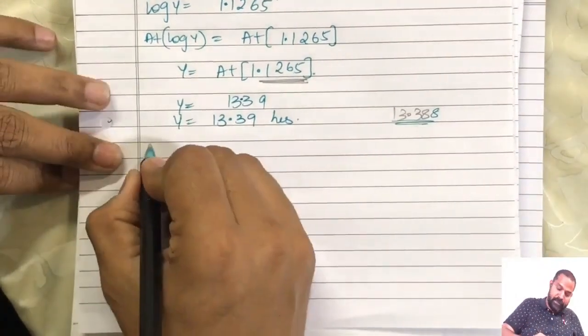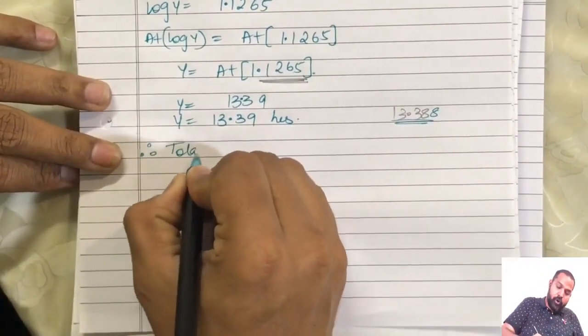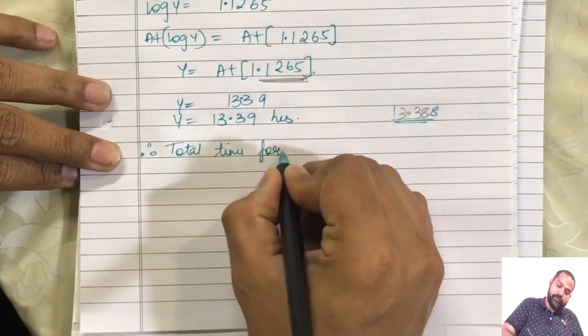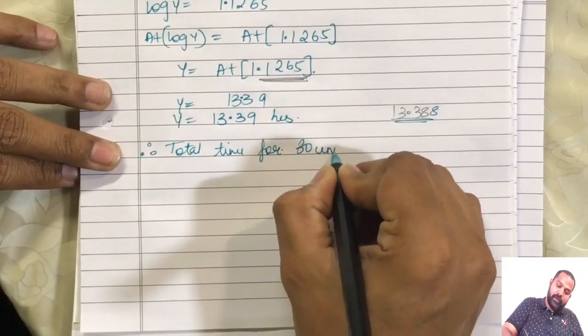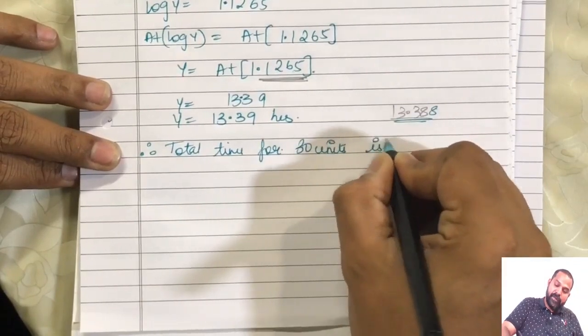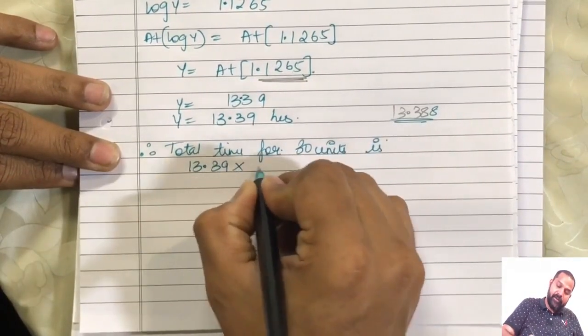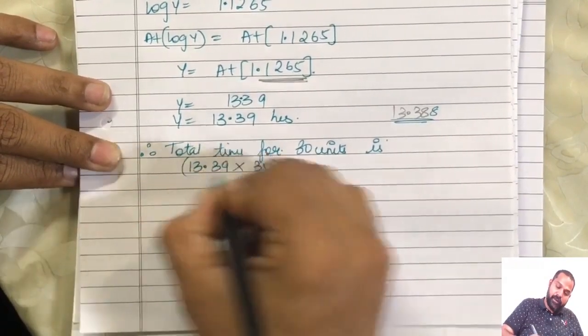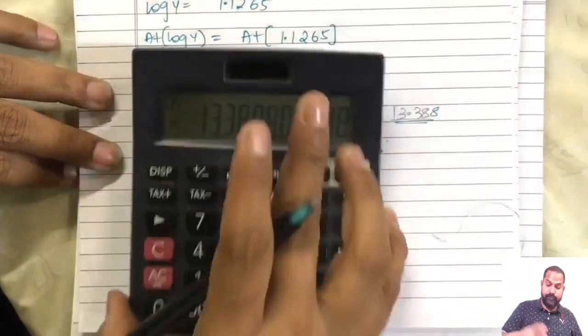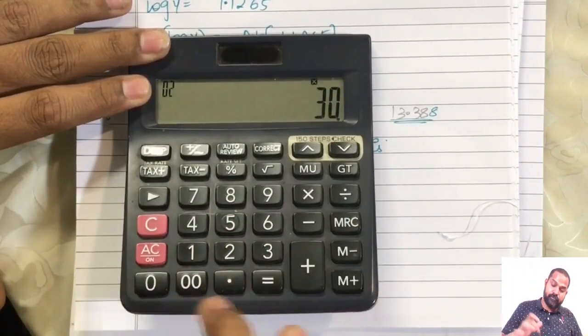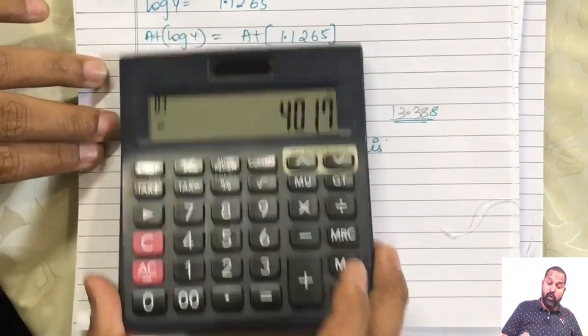Now, therefore, the total time for 30 units is 13.39 into 30, which is 401.7.